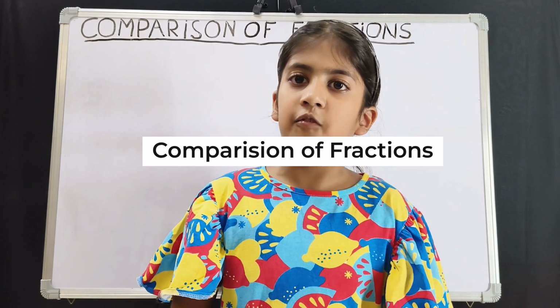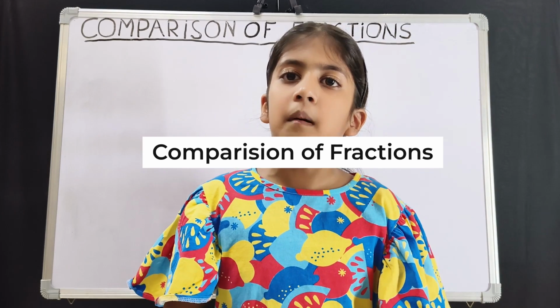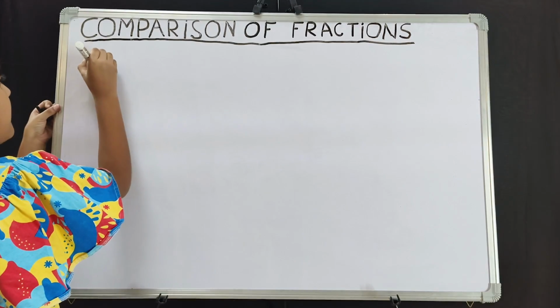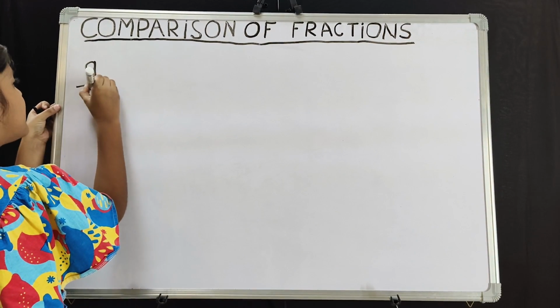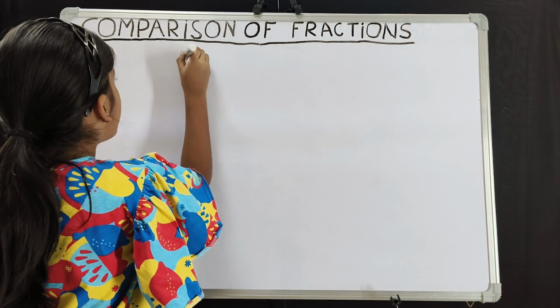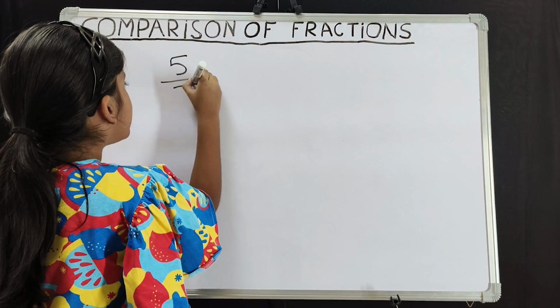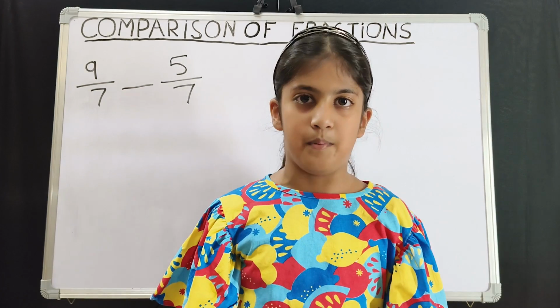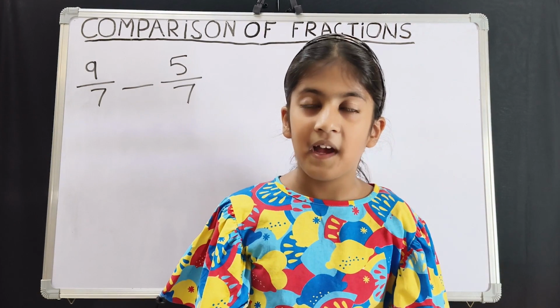Now let me tell you how we compare fractions. Fractions are compared just like numbers. Let me show you how. 9 upon 7 and 5 upon 7. Now, which fraction is bigger and which is smaller?